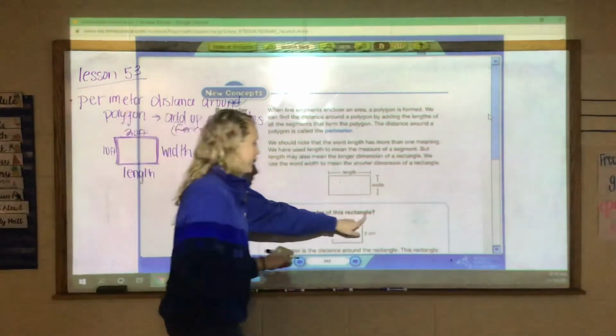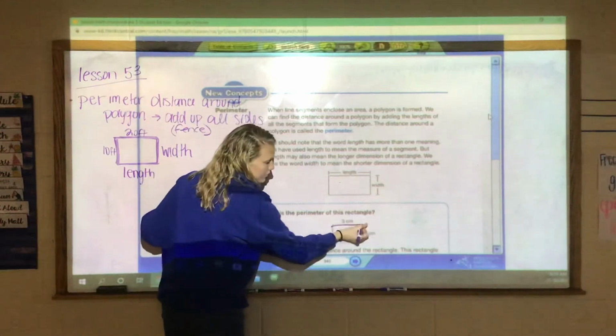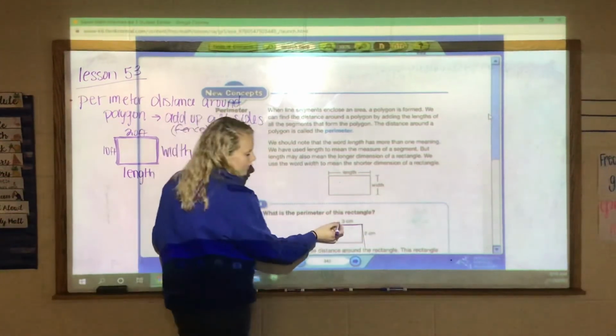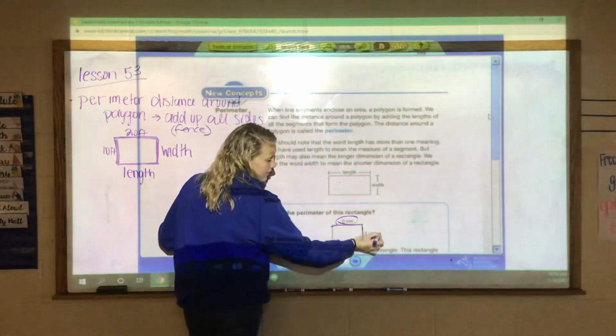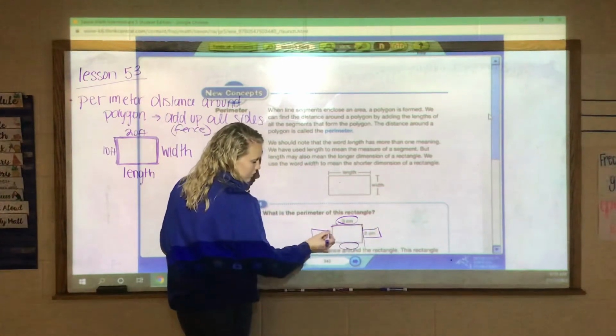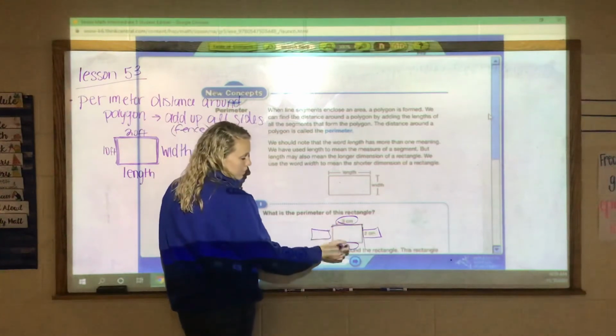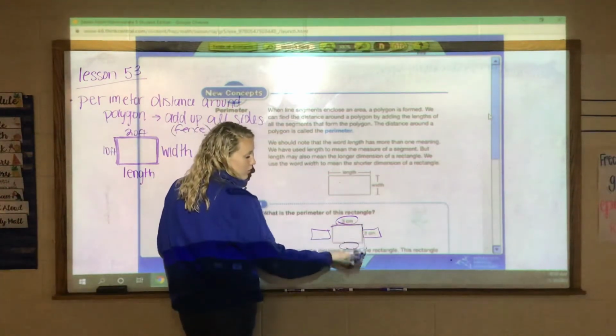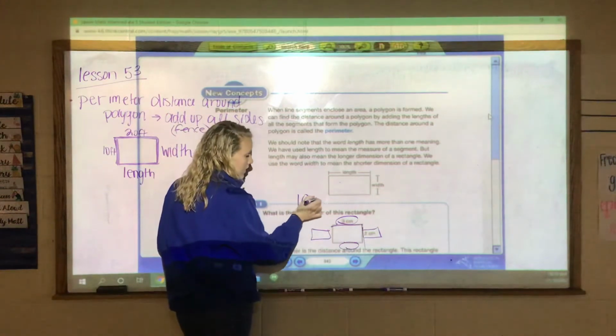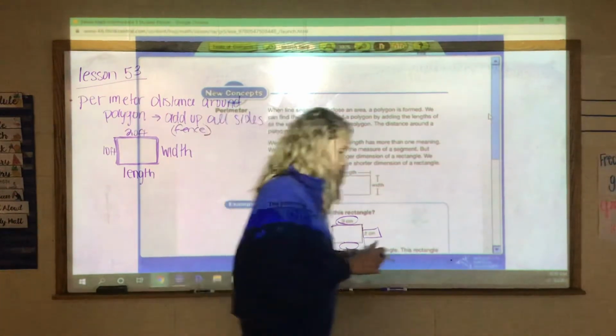What is the perimeter of this rectangle? We have 3 centimeters by 2 centimeters. So if this side's 3 centimeters, this side is 3 centimeters. If this side is 2 centimeters, this side is 2 centimeters. So we have 3 plus 3 is 6, plus 2 is 8, plus 2 is 10. Your perimeter would be 10 centimeters.